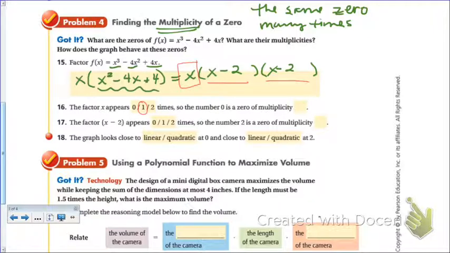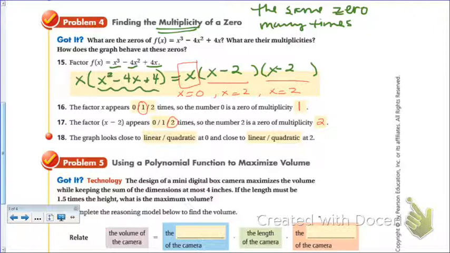If we were to solve for this, we would get x equals 0, x equals 2, and we'd get another x equals 2. So we only had one 0, so it has a multiplicity of 1. The factors x minus 2 appear 2 times, so the number 2, which is the zero itself, has a multiplicity of 2. That means that we had 2 of them in the problem.